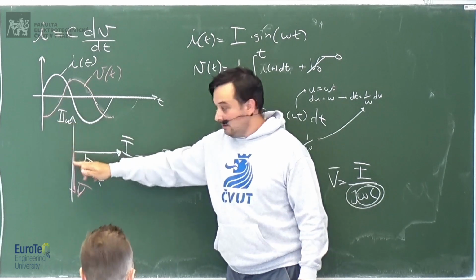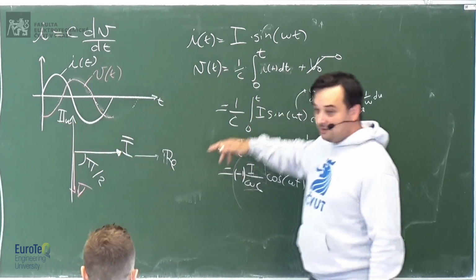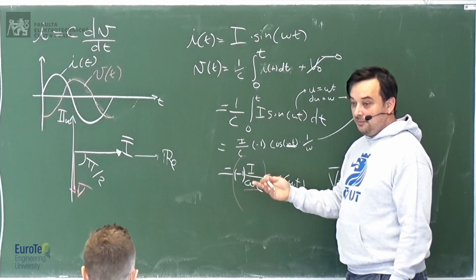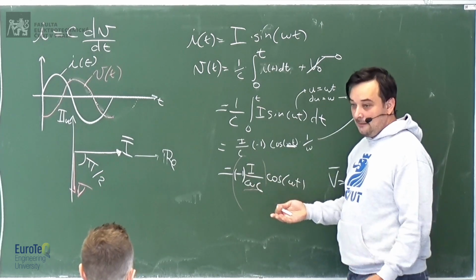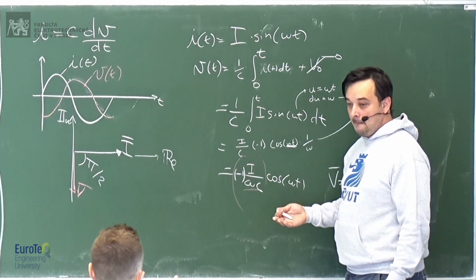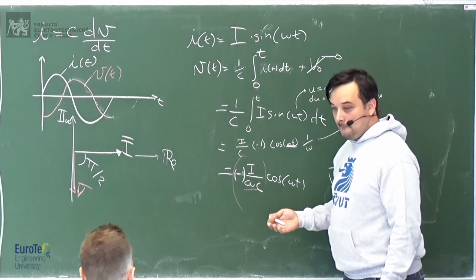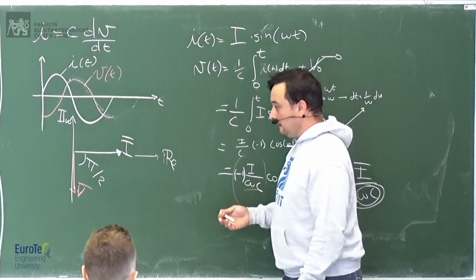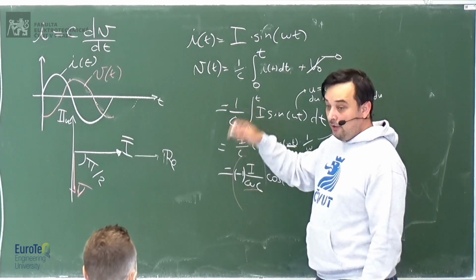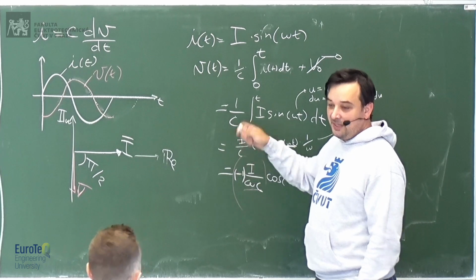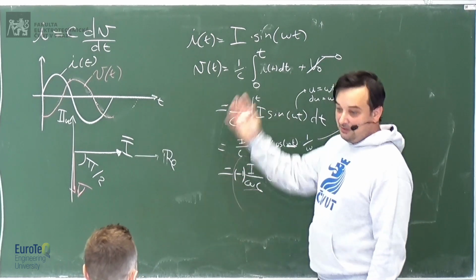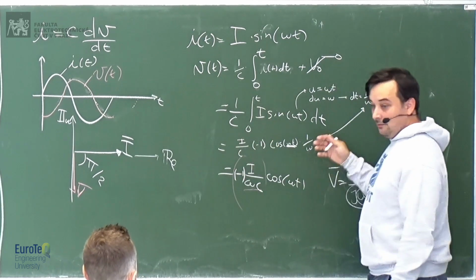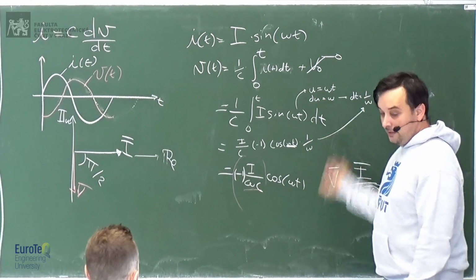So the fact that there is a j means that it's shifted by 90 degrees, by pi over 2. But the fact that the j is in the denominator makes it negative pi over 2, so it makes it minus 90 degrees. If it was j omega L, which we will see later, it's positive, shifted forward. But if it's 1 over j omega C, it's going down.